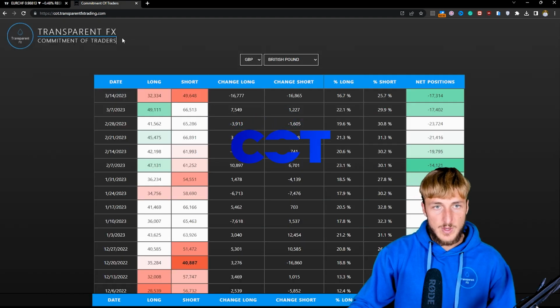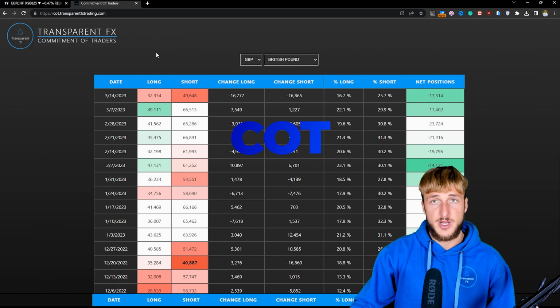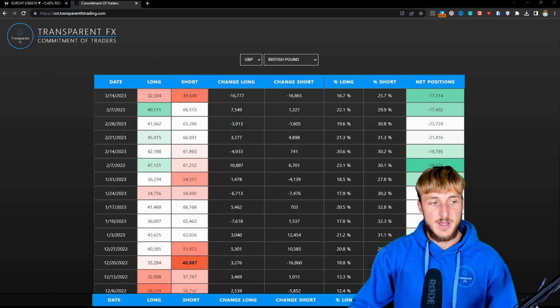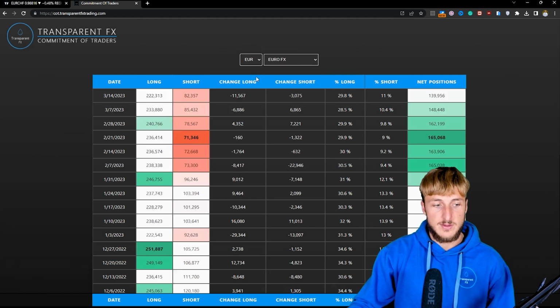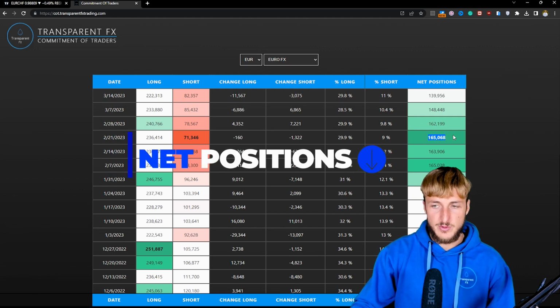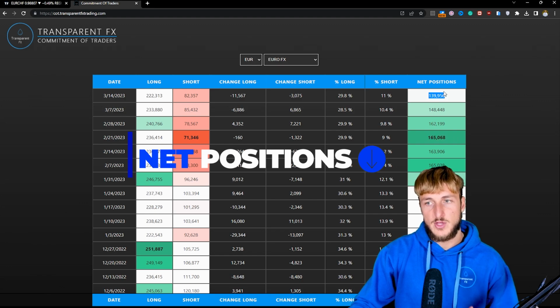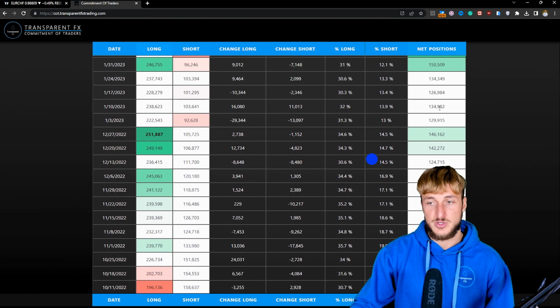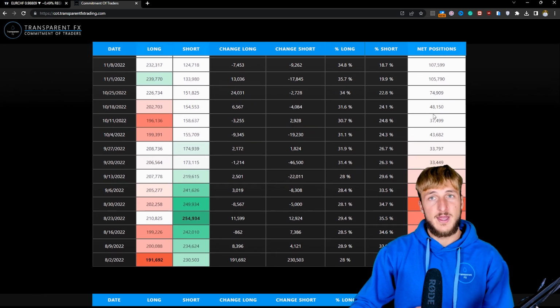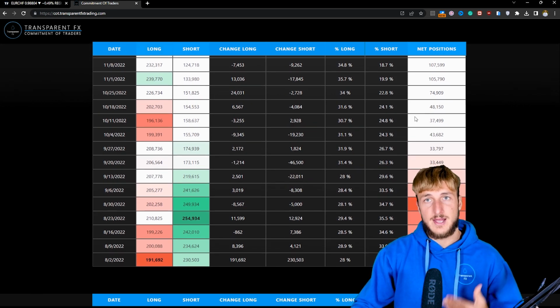Now, if we go and see what we have when it comes to the commitment of traders, so the COT data, which is what the non-commercials, so the biggest speculators in the market are doing, and we check the data precisely for the euro, what we can see is that with the last reports, net positions have started to get decreased. We went from 165k to 139k net positions. However, in the long term, the euro has been getting stronger and stronger and stronger.